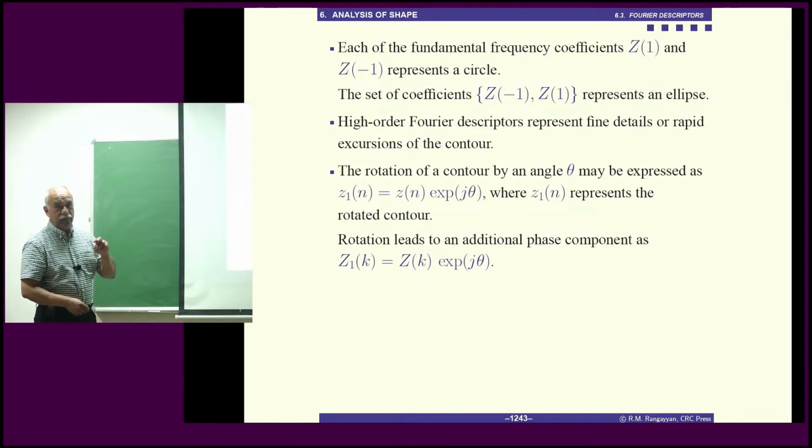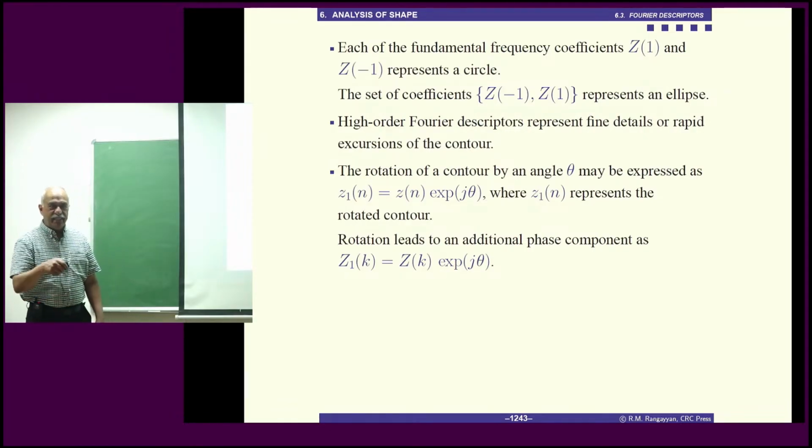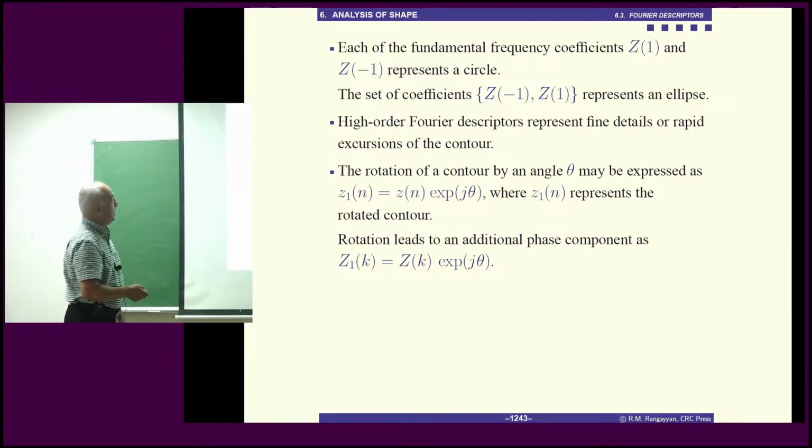So you get two circles, one for Z1 and one for Z minus 1. If you use both of them, Z minus 1 and Z1, you get an ellipse. Z0 is the centroid where you put the ellipse. But if you don't care where you draw it, two coefficients will give you an ellipse. One will give you a circle, Z1 or Z minus 1.